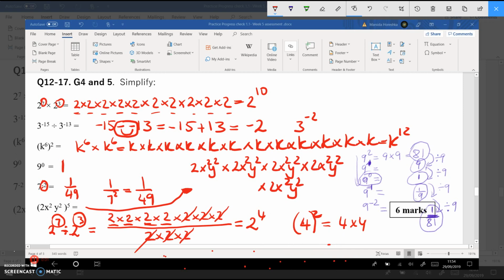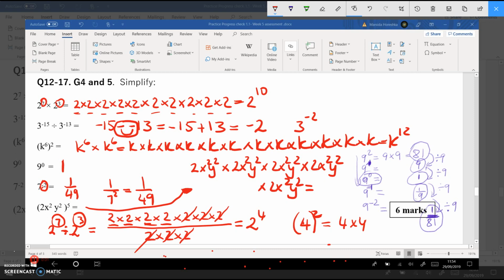So 5 times. So that is 5 lots of 2, 5 lots of x squared being multiplied, and 5 lots of y squared.